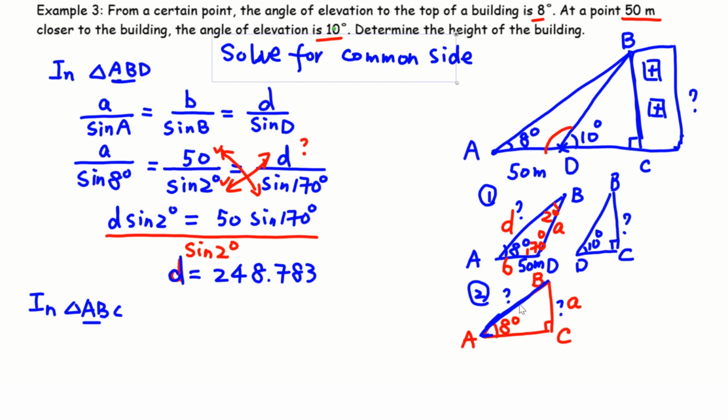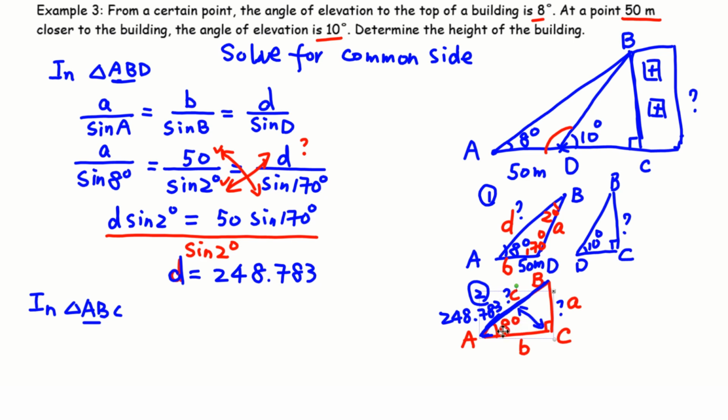So this is side a, small letter, side c, small letter, side b, small letter. And this AB, the side C, equals 248.783. So we have one side given, then it's a cross given, angle and opposite side given.